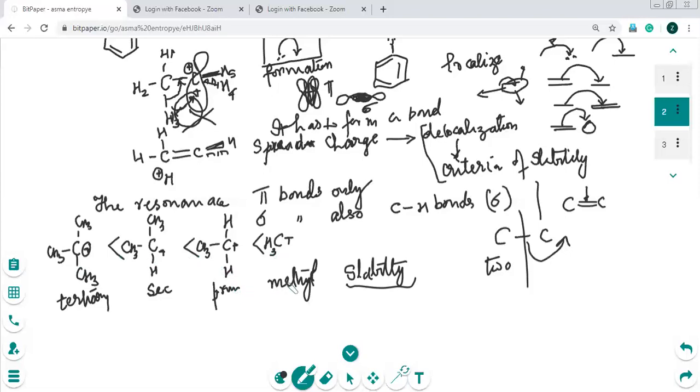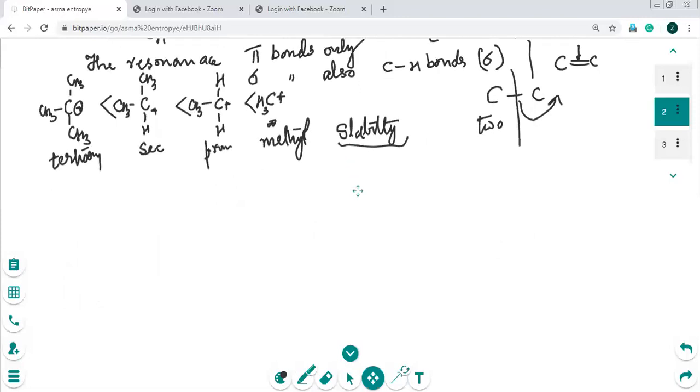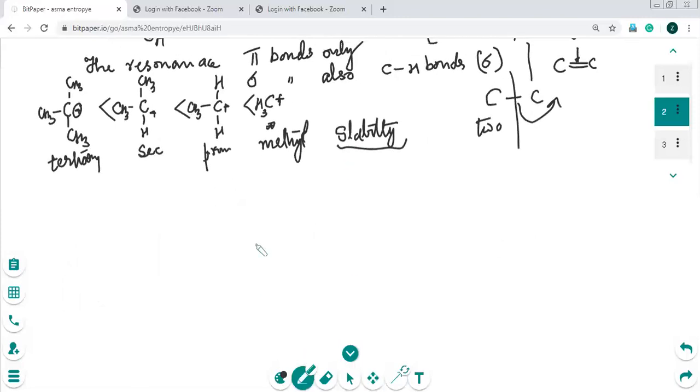Methyl carbocation has more hydrogens on the same carbon, so it can easily form a double bond.